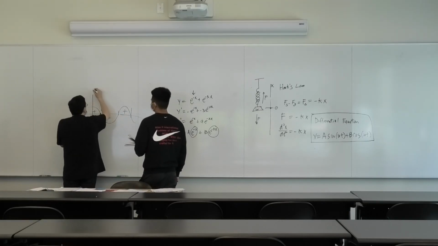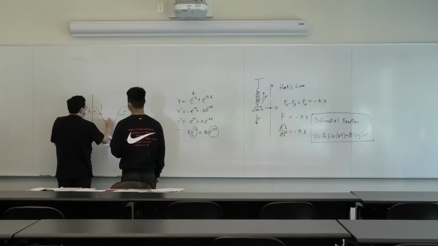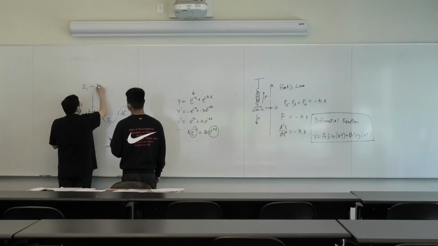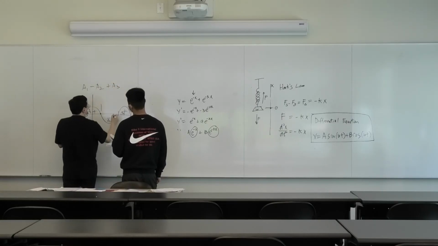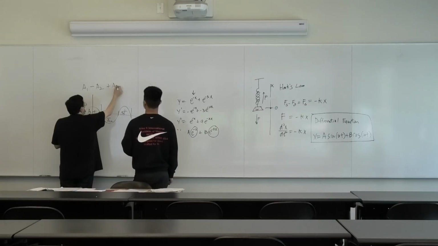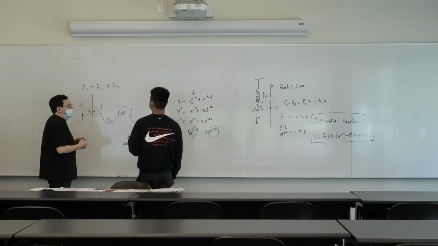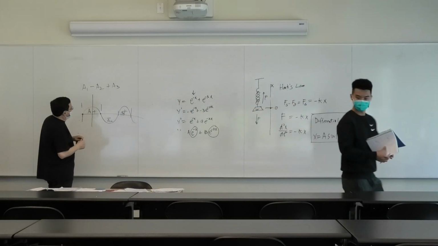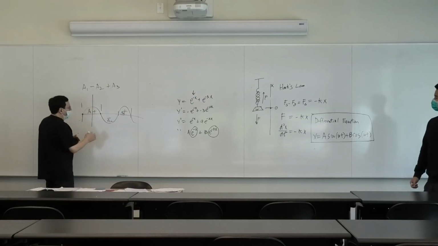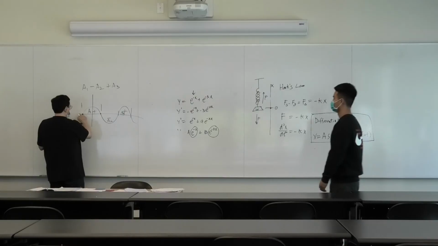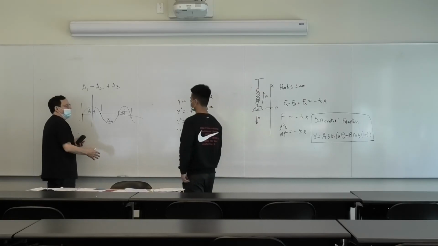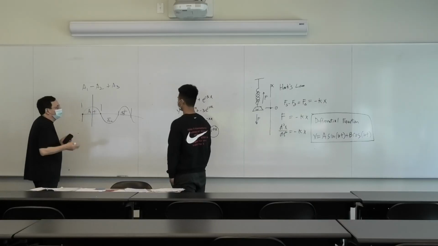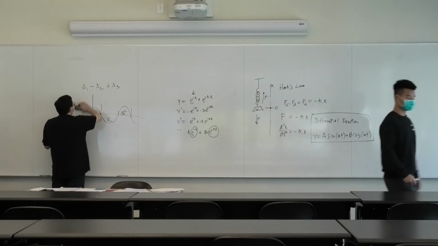We'll call these area 1, area 2, area 3. So it's area 1 minus area 2 plus area 3, to make this positive. Oh, I see. Thank you. I hadn't thought of it until you came and said, well, we're talking about the area between two curves. The x-axis is a curve, so we can just eliminate thinking about that and think of it as the area between two curves.